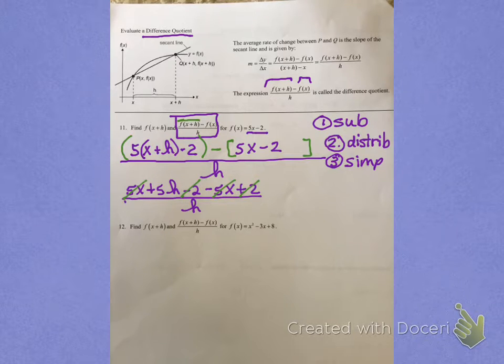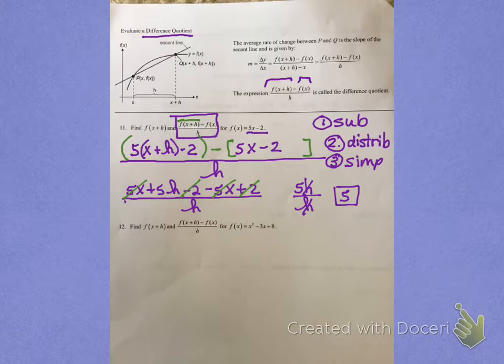So when I look at what's left, I have 5h over h. And h divided by h is 1. So my final answer or evaluation will be 5. When you do this process correctly, it's really cool because most of your terms will cancel.